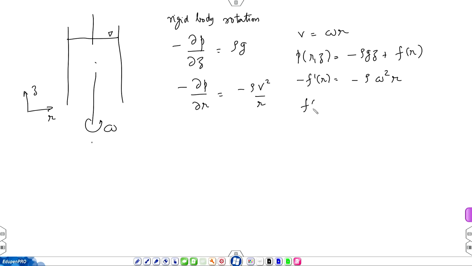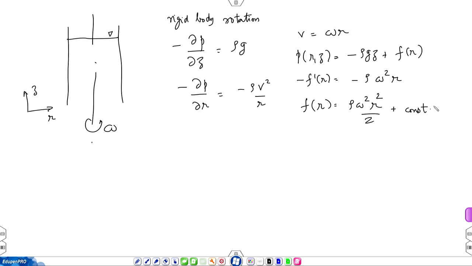So, integrating, f r is equal to rho omega square r square over 2 plus a constant. Yeah, so this is all right.